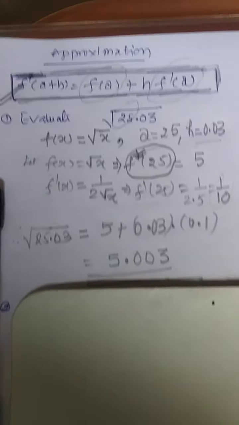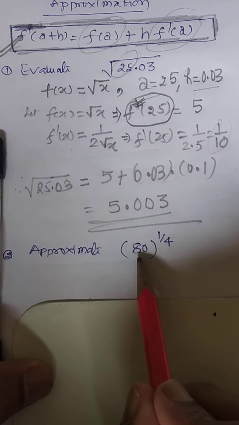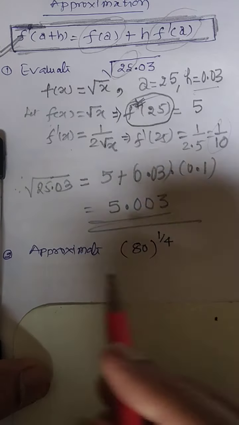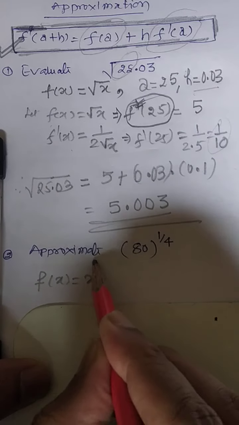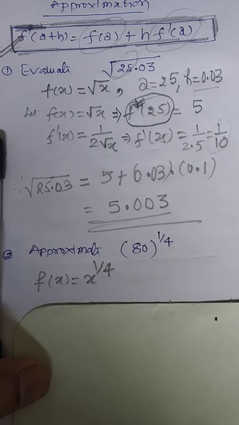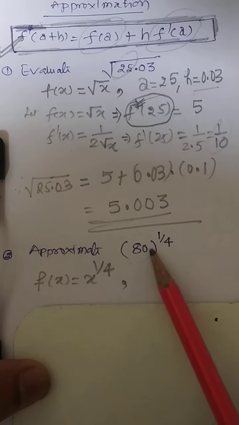Now in case I am demanding, it is fourth root of 81. So try to think about it. I should write f of x is nothing but x raised to power 1/4. That is the first step. Then what I told you, I get a value. A value means which is the fourth root of 80 near to this.